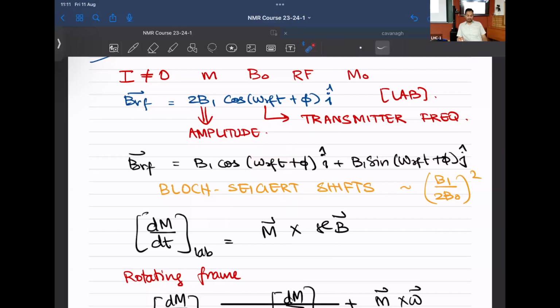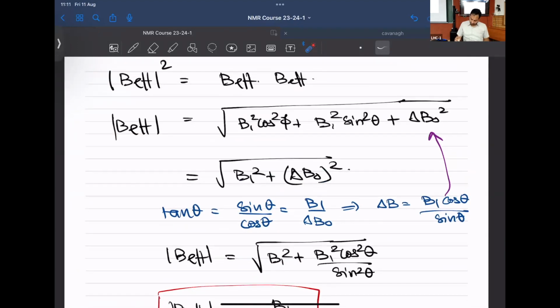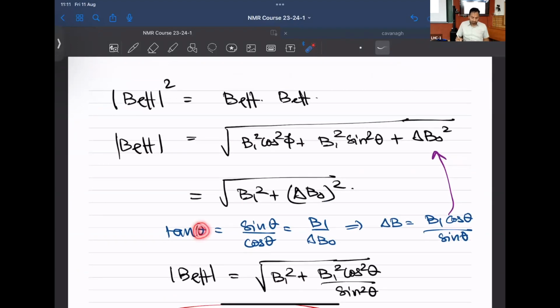At that point, the effective field, remember, theta will go to 90. Why will it go to 90? The denominator goes to 0. Okay, tan theta of infinity implies theta is 90. If theta is 90, it indicates the entire effective magnetization in the rotating frame is along the pulse that you applied. When you have done that, do you see B naught vanishes altogether?